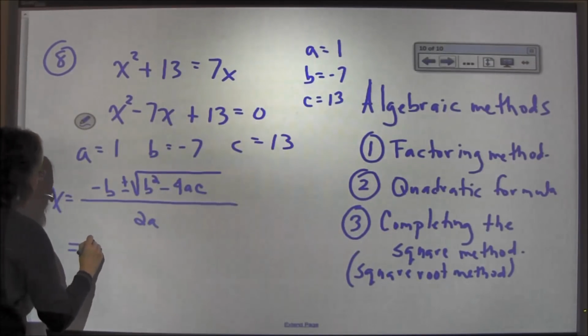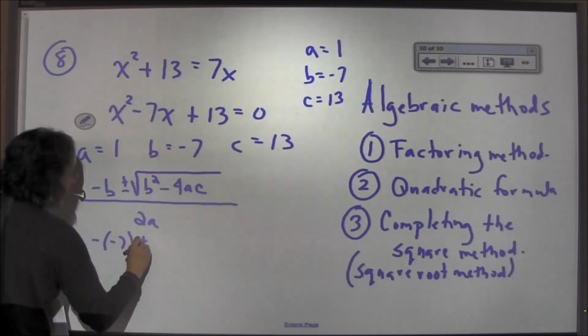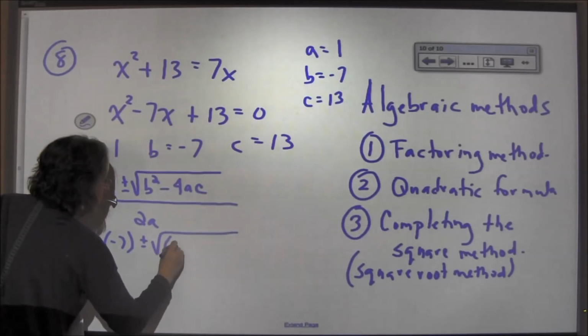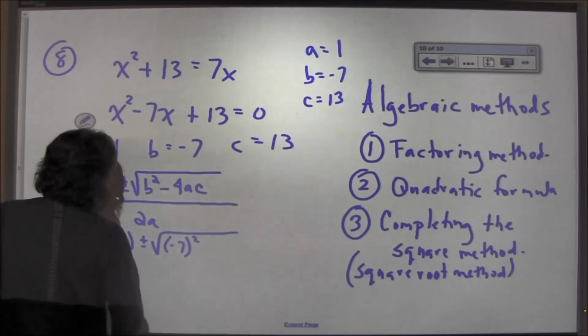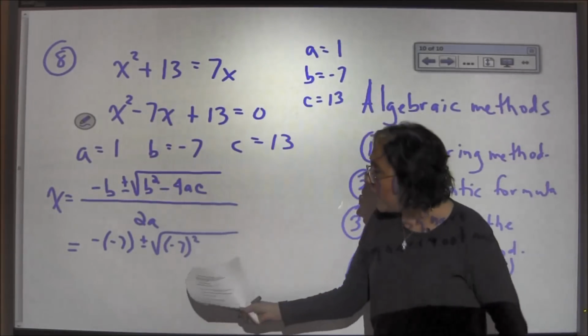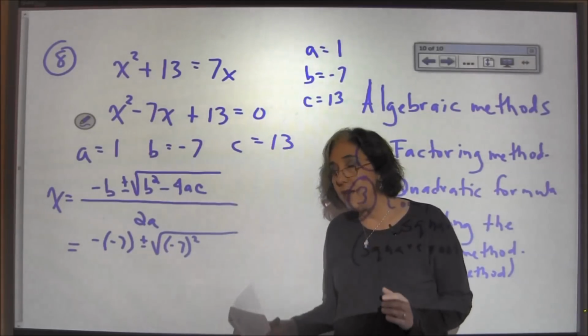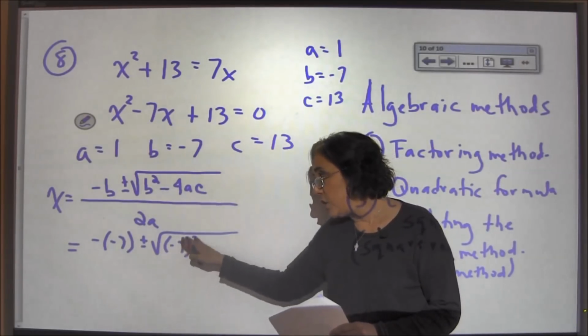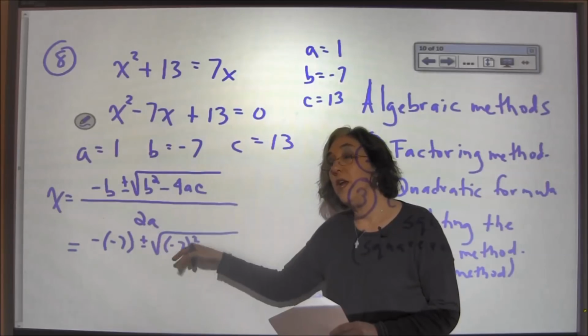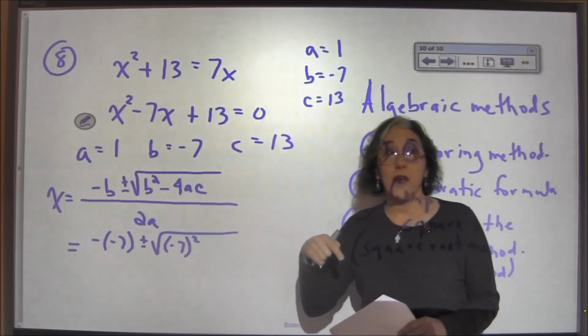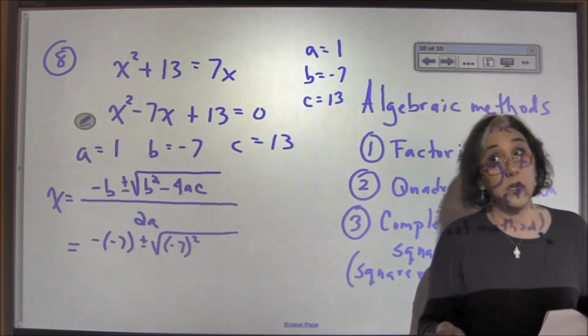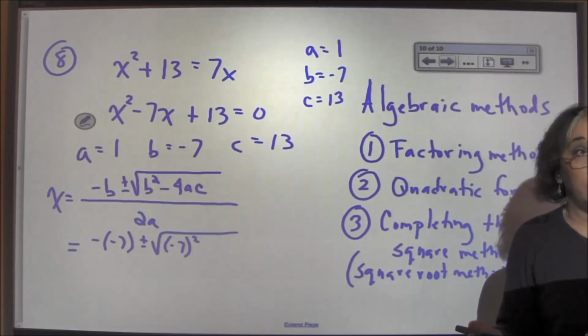So this will be the opposite of -7, plus or minus the square root of... Okay, I had a lot of you guys messing up on this right here. You're squaring that b, so that term right there is always positive. If you type it into your calculator without parentheses and it's a negative number, your calculator is going to do what you tell it to do.